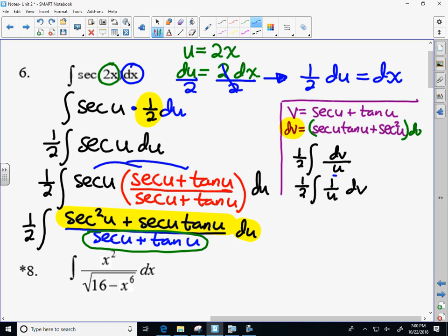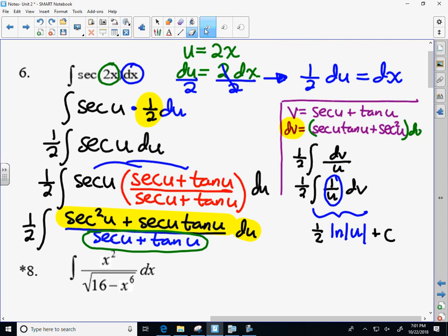What is the antiderivative of 1/v? ln. ln of v. I got the 1/2 as my coefficient. I'll chuck a plus c on at the end. Alright. Sorry. I wrote u's. Those should have been v's. And now there's no way around it. I just gotta redo it.